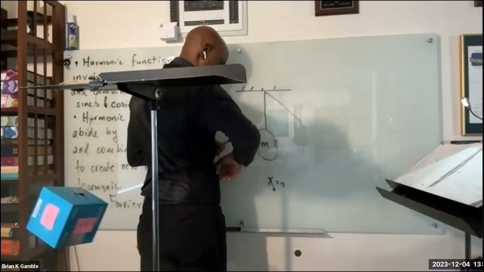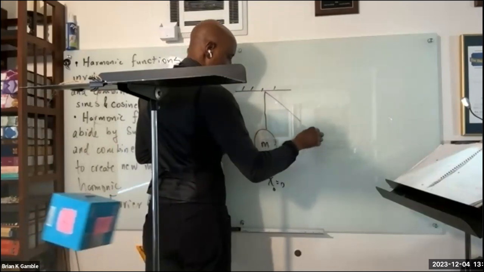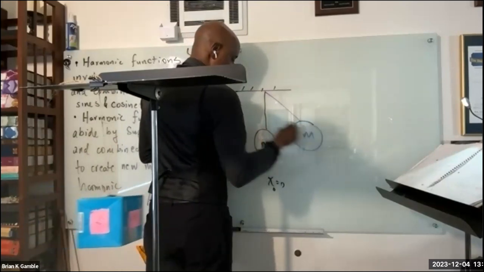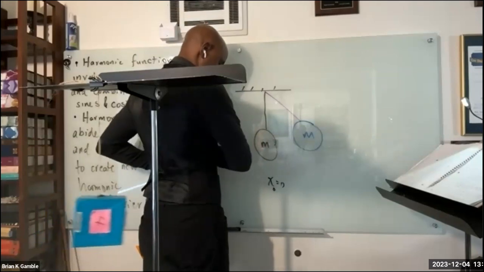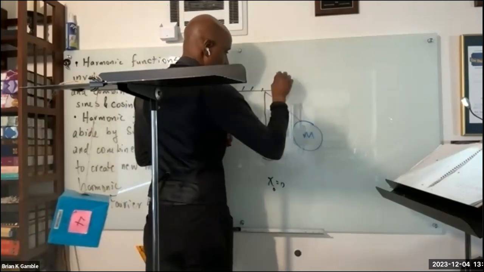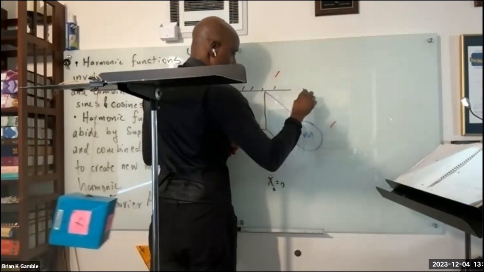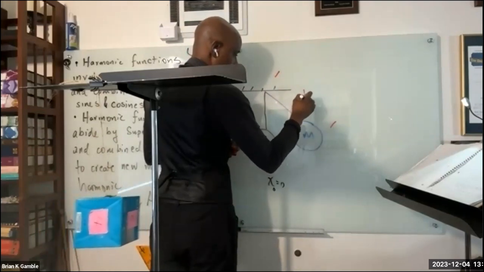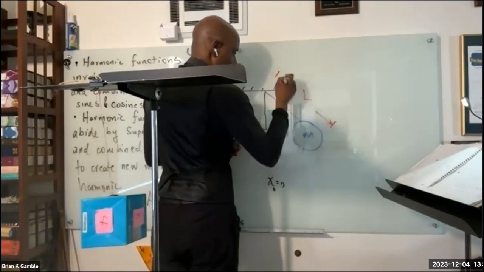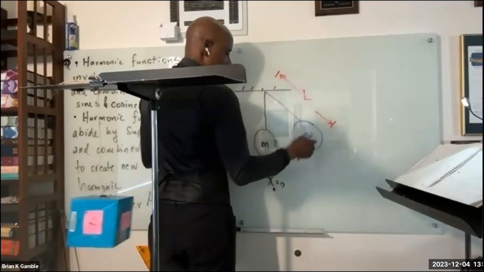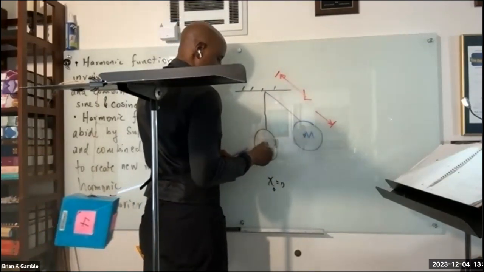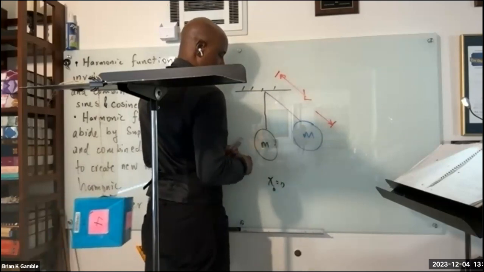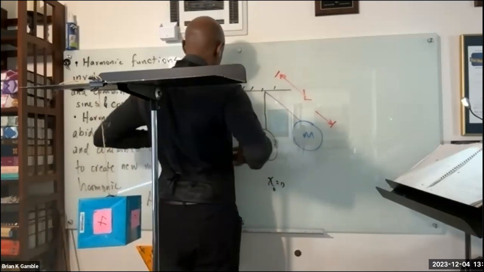This purple will be the pullback version. Now it has a length L, the length of the pendulum. We represent it like this, so that's L. And all of the mass is concentrated at the bottom of the pendulum. We assume it's a point particle, but here it's pretty big, but that's the definition of a simple pendulum.